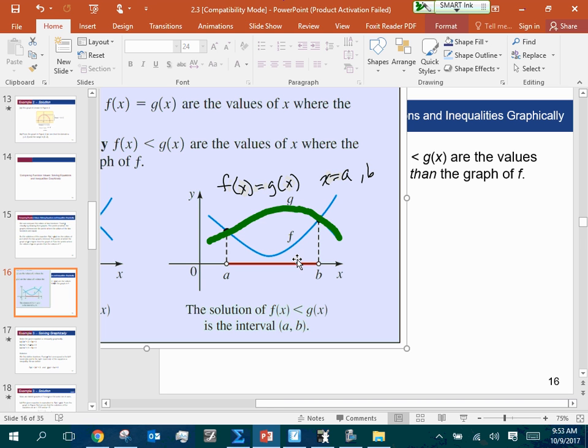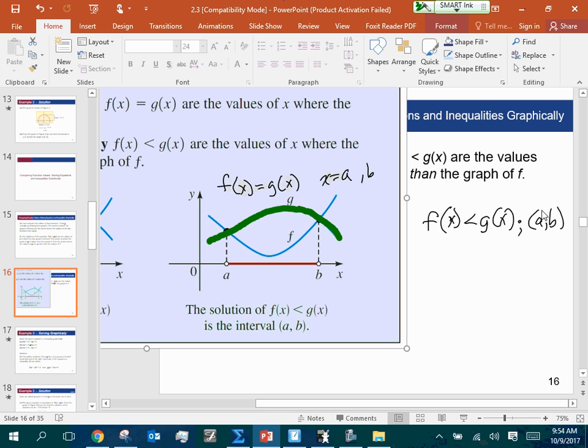G would have y values that are bigger, right? Can we write this 2 different ways? F of x is less than g of x on the domain from A to B. Does that make sense? F of x is less than g of x. F of x is below g of x from A to B.